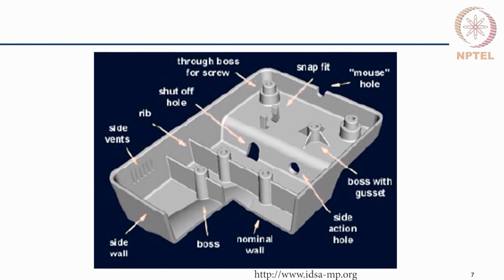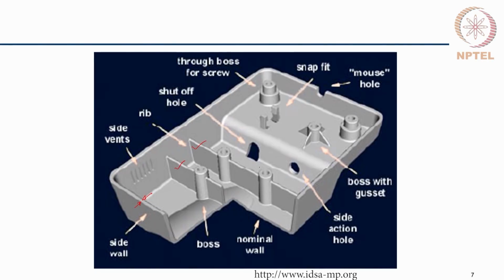So, the part is typically of constant thickness, or what we call the sidewall, in most places, and it may have these kinds of structures, which are the ribs, which are used to increase the stiffness of the component without adding too much weight.